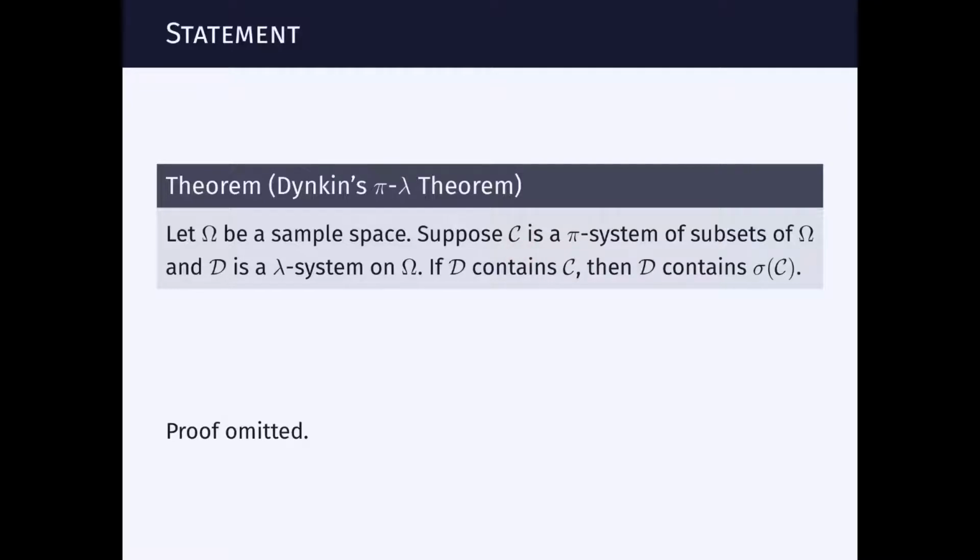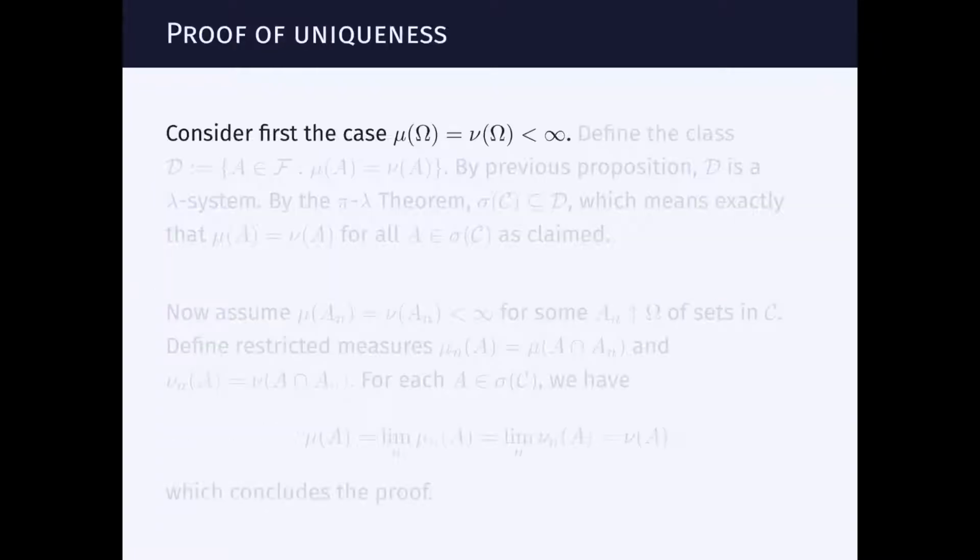So what the theorem says is, if a pi system is contained in a lambda system, then the sigma algebra generated by that pi system is also contained in the lambda system. Thinking backwards, if a lambda system contains a pi system, then it also contains the sigma algebra generated by that pi system.